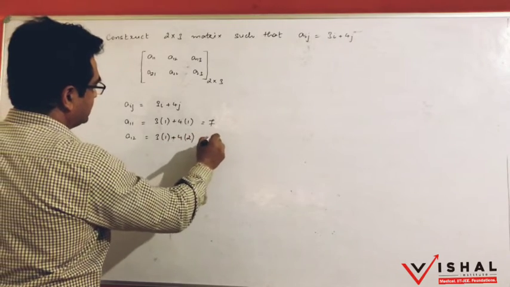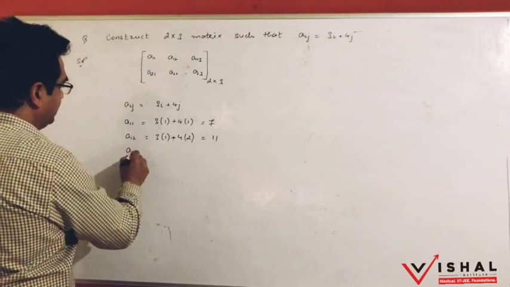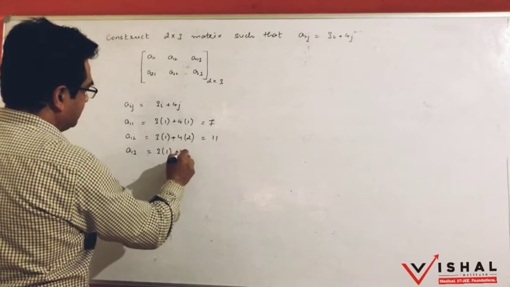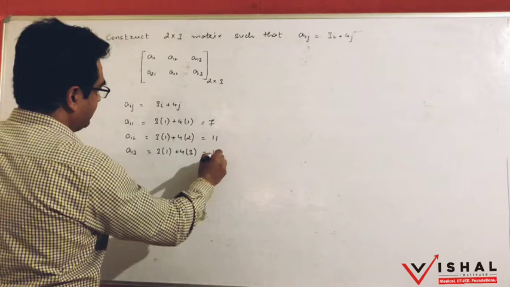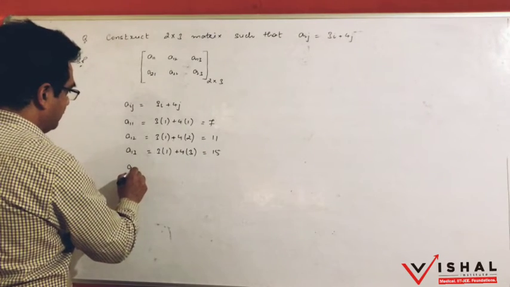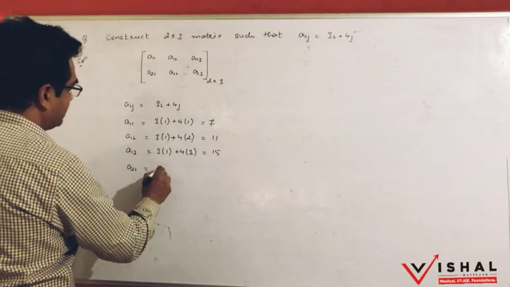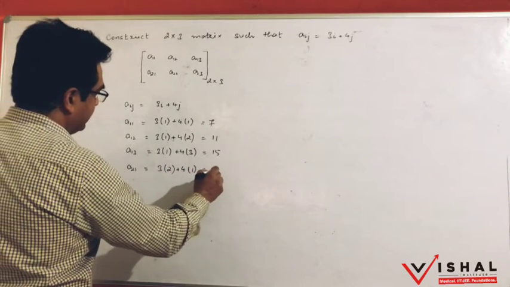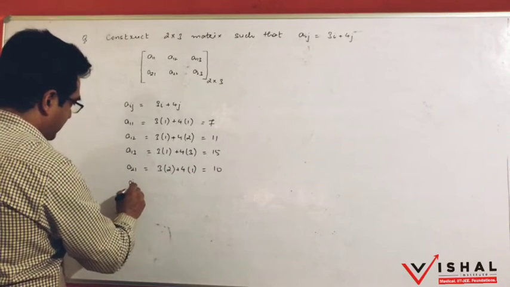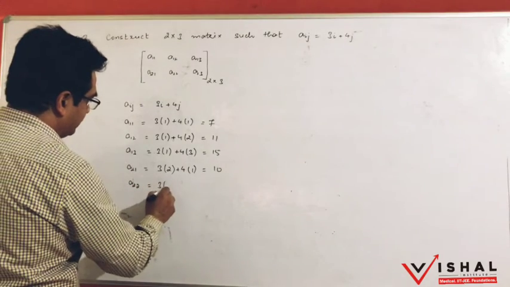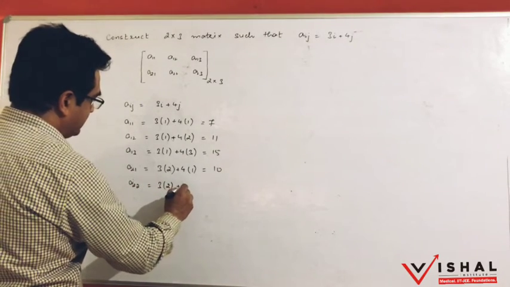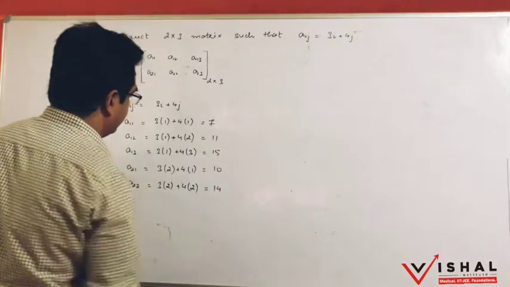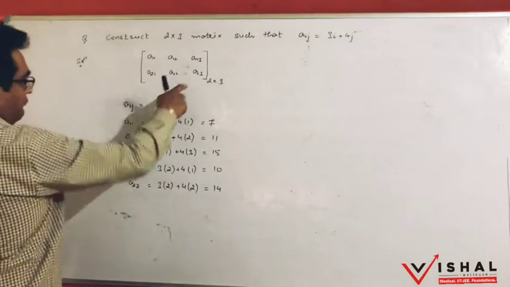So this becomes 11. A13. So i is 1 and j is 3. So this is 15. A21. So it is 3, put i as 2 and j as 1. So it is 10. And A22. That means put i as 2 and j as 2. So this becomes 14. And we have to find A23.